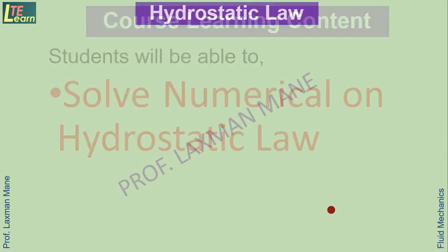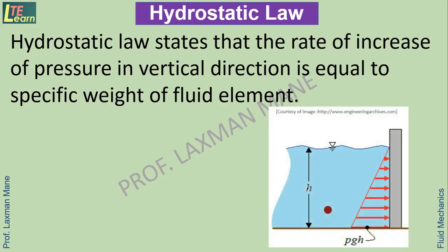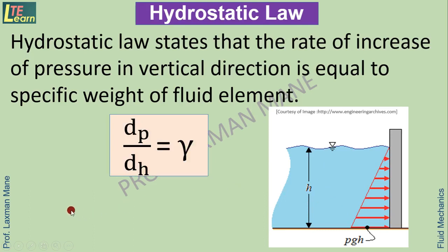Let us discuss hydrostatic law. Hydrostatic law states that the rate of increase of pressure in vertical direction is equal to the specific weight of the fluid. Consider a fluid element having height small h. Mathematically, by hydrostatic law, delta P by delta H, or dP by dH, is equal to specific weight gamma.